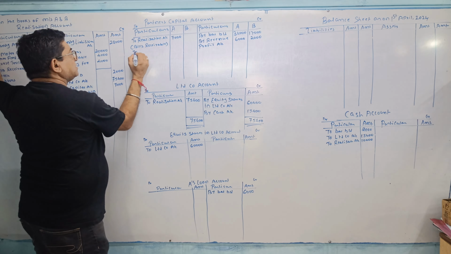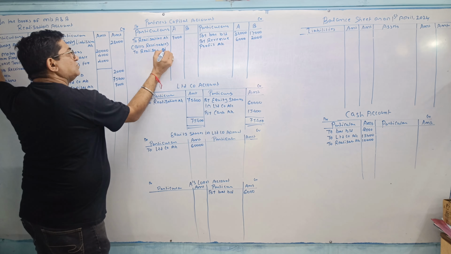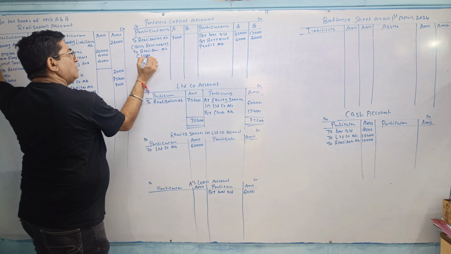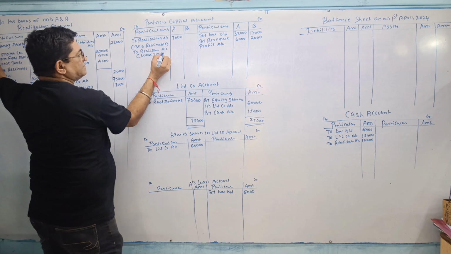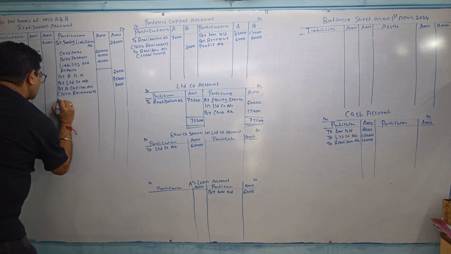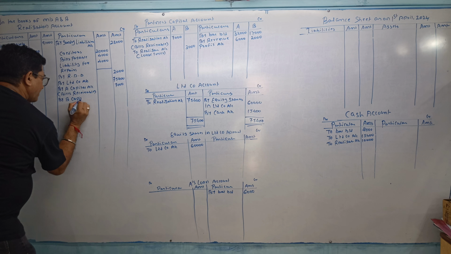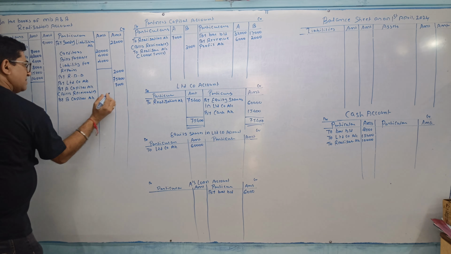So to realization account, loose tools 3,000. Second effect, realization account credit side by B capital account 3,000.